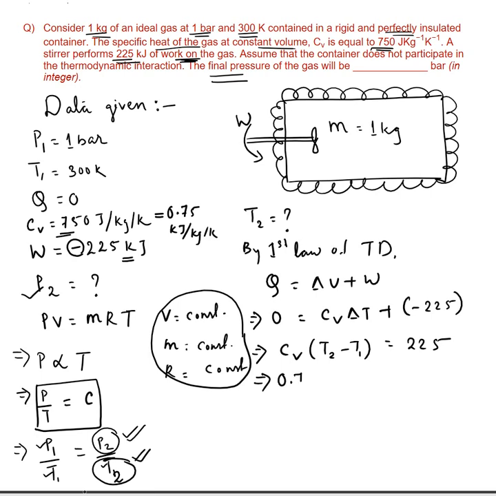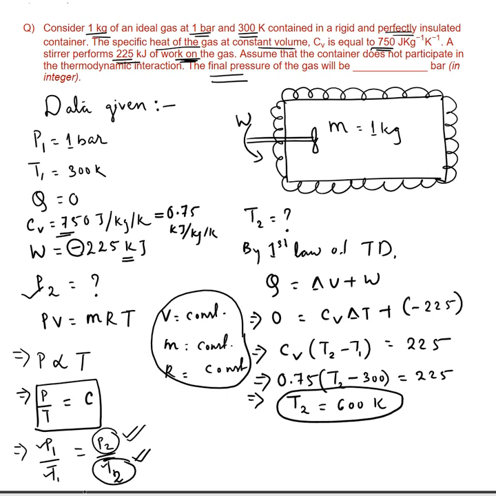So this is 0.75 into (T2 minus T1), where T1 is 300 Kelvin, equal to 225. Now solve this expression. We get the magnitude of T2 as 600 Kelvin.